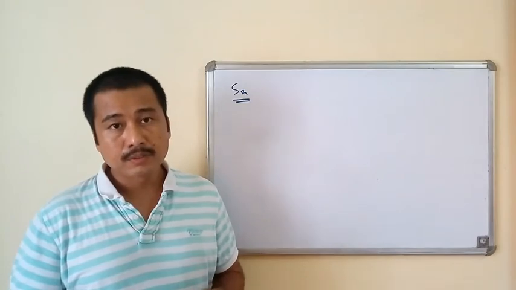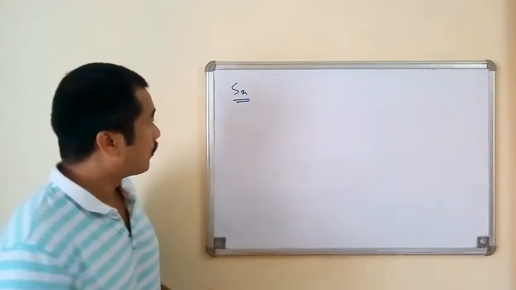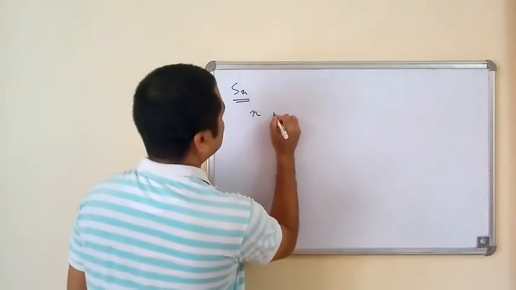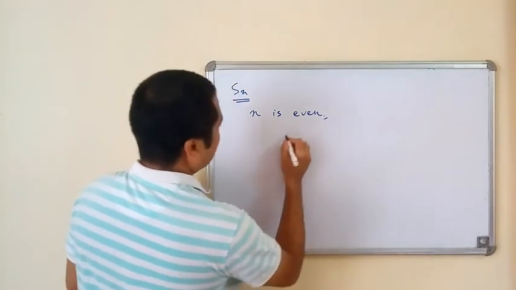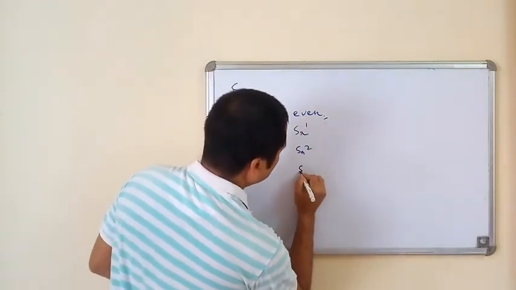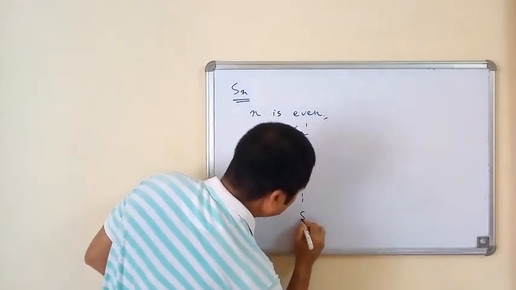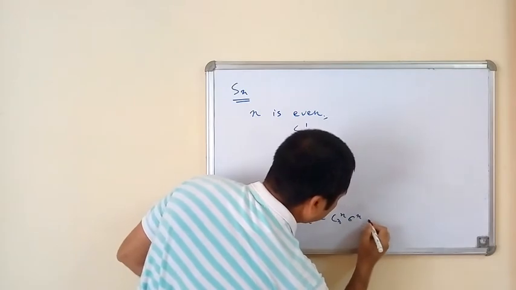The number of symmetry operations generated by Sn can be different, because when n is even, we can have symmetry operations like Sn^1, Sn^2, Sn^3, and we can go on until Sn^n, which is Cn^n and sigma^n.